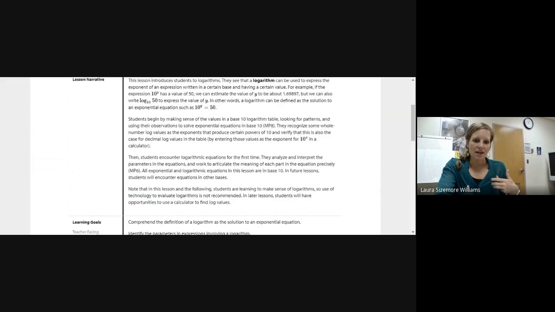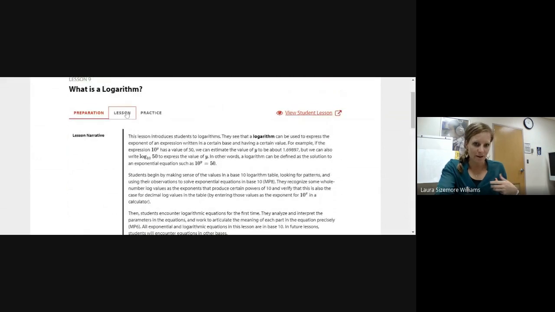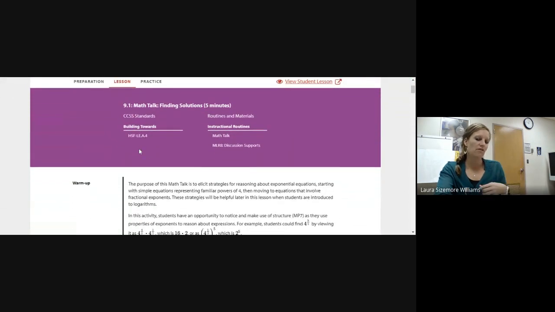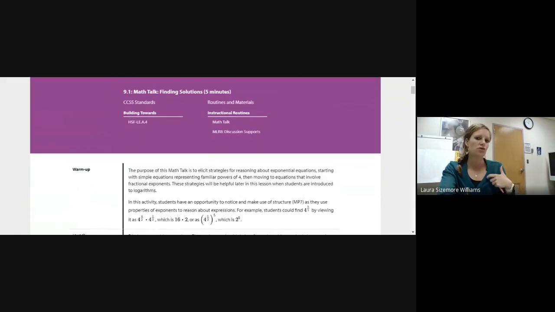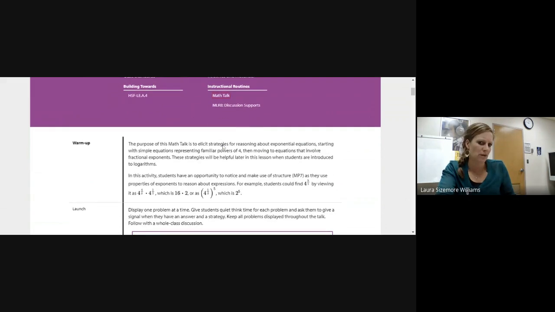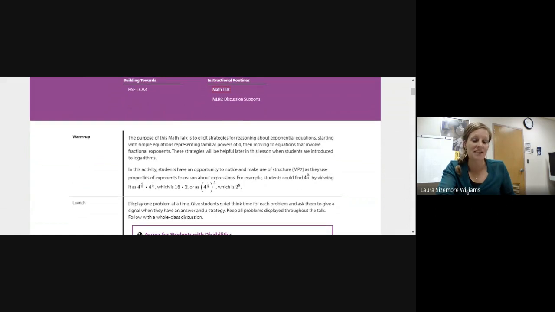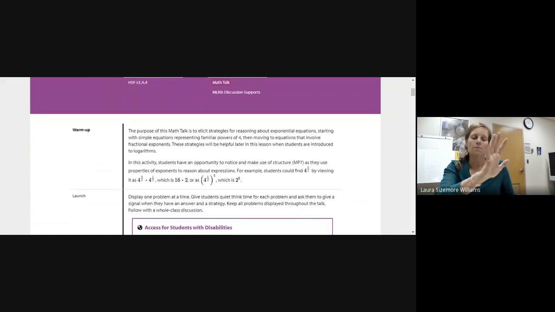And so if I get into the lesson, Illustrative Math already provides you with the structures to do a launch. And like I said, you might want to add a few more components from the slideshow or the materials to fit the needs of your school or your classroom rhythms. This one starts with a math talk, which is essentially a number talk from back in the day, and the instructional routines give you further big picture, like what is a math talk.